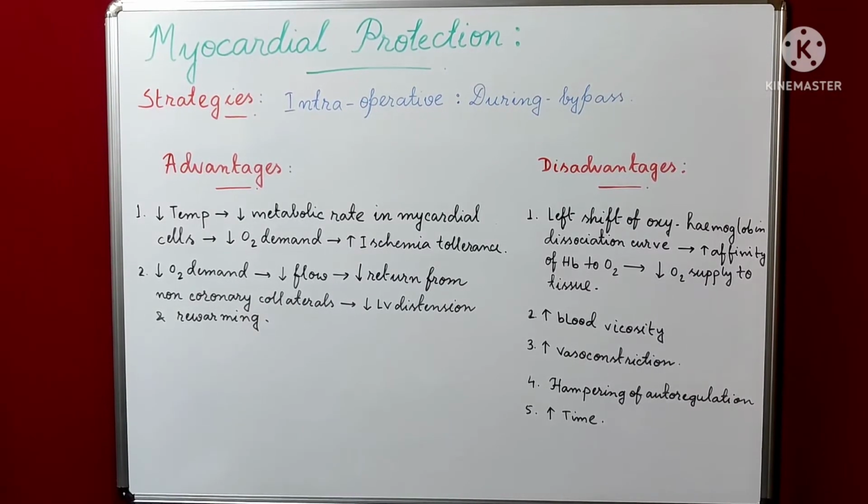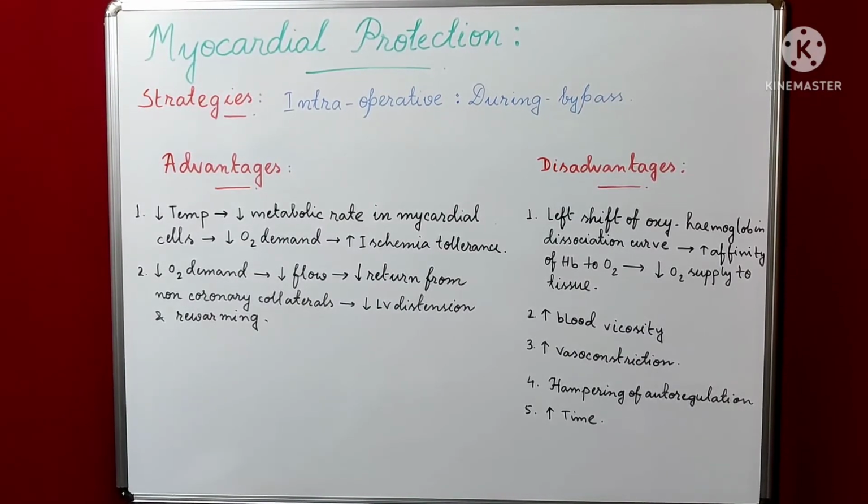It will take up the oxygen from the lungs, but when it reaches the tissue level, it will not release the oxygen to supply the tissue. So the release of oxygen will be more difficult, and there will be reduced supply of oxygen to tissue.